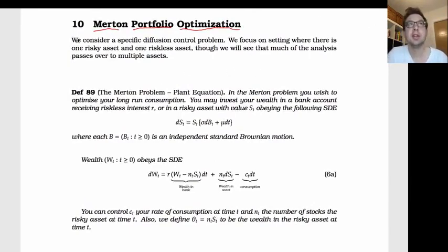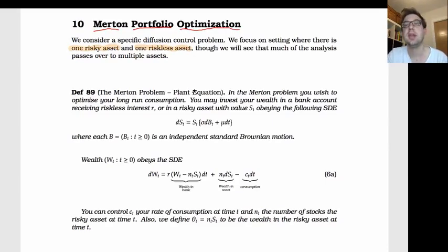So we're going to consider a specific diffusion control problem. We're going to focus on the simpler setting where we have one risky asset. That's going to evolve as a stock price would, as some sort of geometric Brownian motion. And one riskless asset.